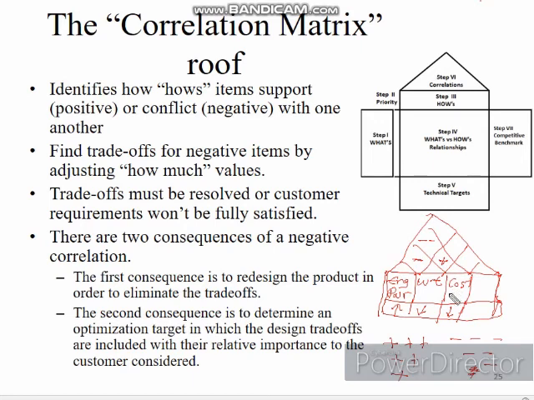So I put there one plus, right? So this is how you fill out this particular area to indicate whether there is a positive correlation or negative correlation among the design parameters.